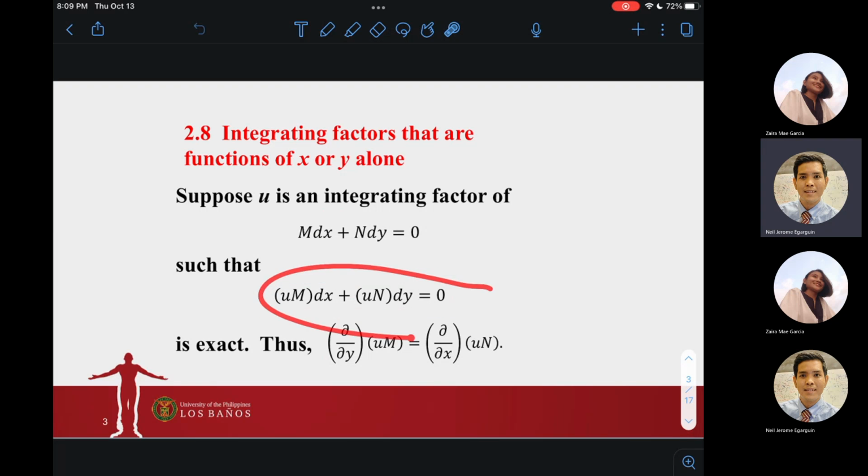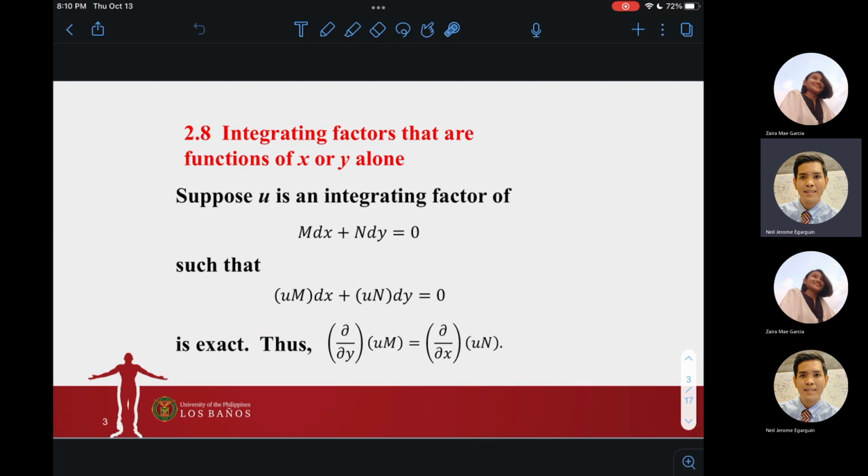Okay? Kailan to magiging exact? Kapag yung partial ni uM with respect to y ay equal sa partial ni uN with respect to x. Okay. Tapos i-derive natin, yan yung goal natin, makahanap ng function u such that this is true, or alternatively such that this is true.